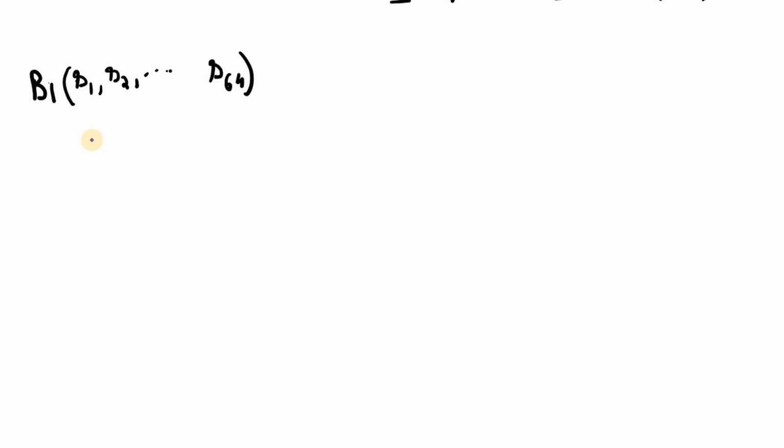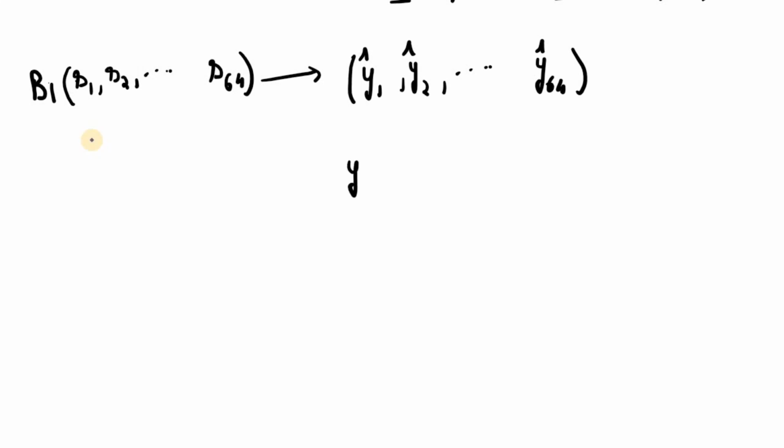All these observations give rise to some predictions, which are y1 cap, y2 cap, and so on till y64 cap. Now, to figure out the mean squared error loss, it's going to be the summation of (yi minus yi hat) whole raised to the power 2, with the summation going from 1 to 64.